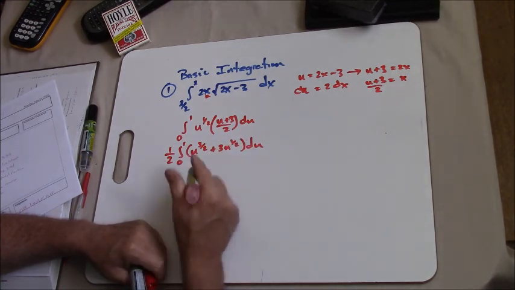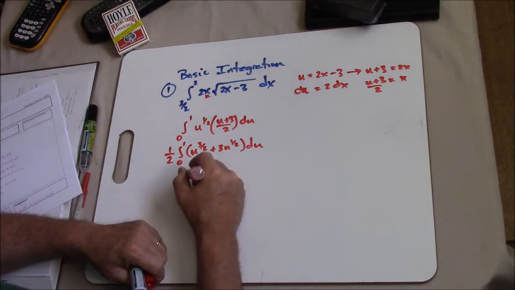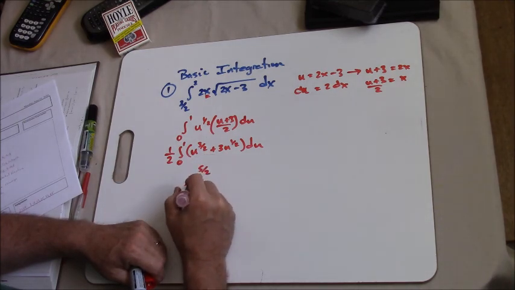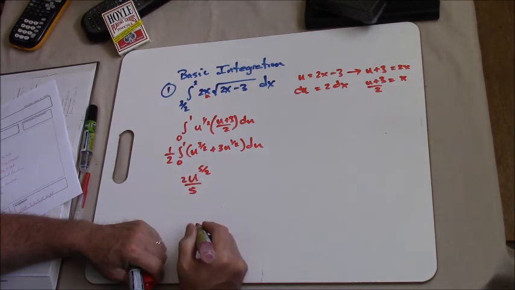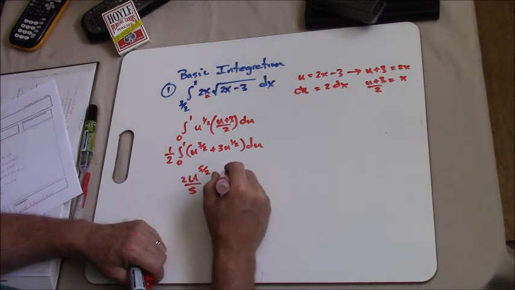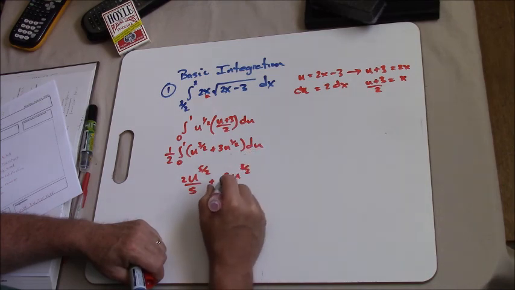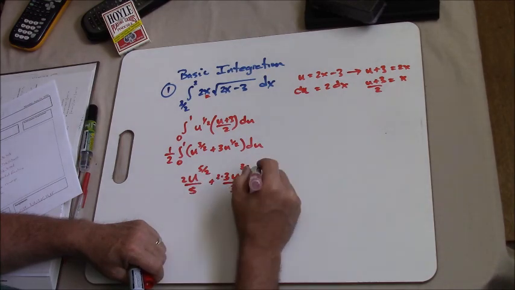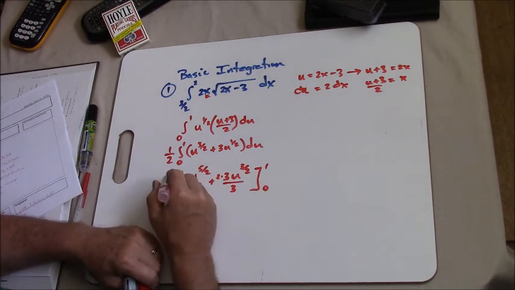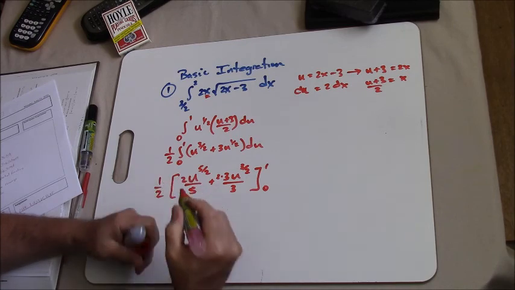And now we can just go ahead and add 1 to the exponent and divide by the new one. So u to the 5/2 divided by 5/2, which means I'll multiply by the reciprocal, plus 3u to the 3/2 divided by 3/2, and we're going to evaluate that from 0 to 1 and then multiply by 1/2.